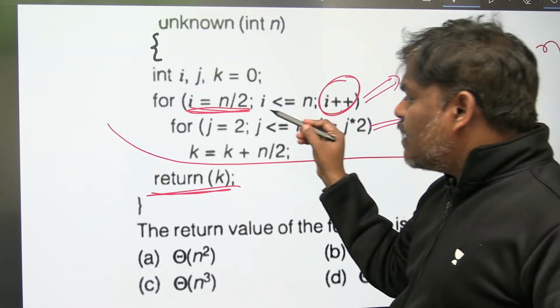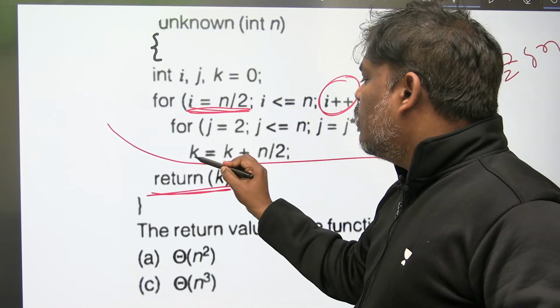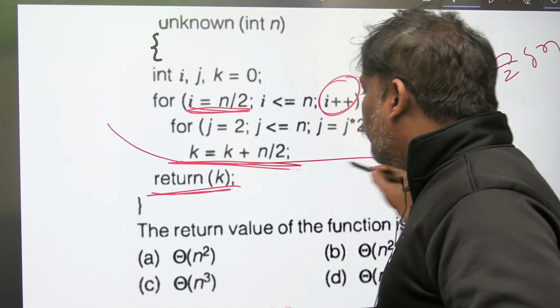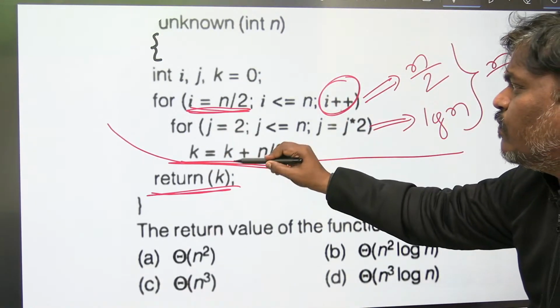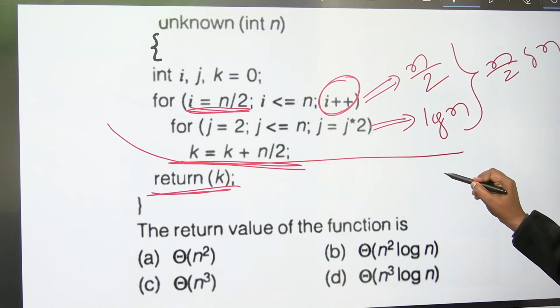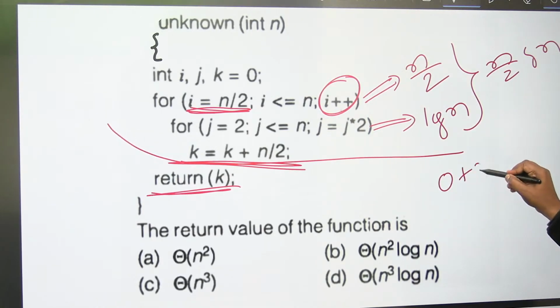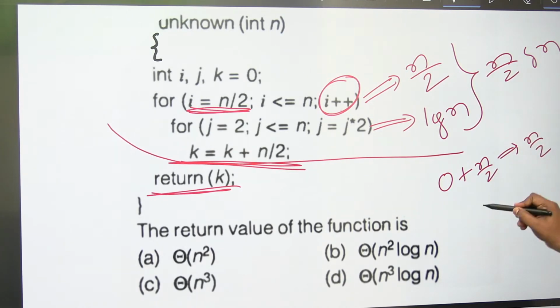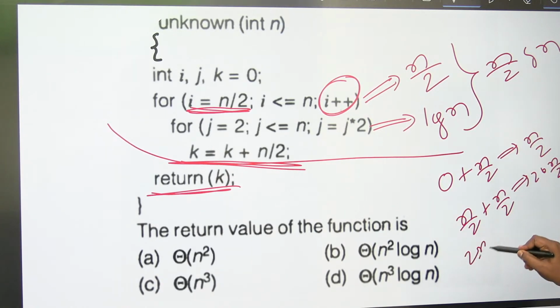Let us assume this is executing the first time. Then what is the answer? If it is executing the first time, k value is 0, so 0 plus n by 2 gives n by 2. The second time, n by 2 plus n by 2 is 2n by 2. The third time, 2n by 2 plus n by 2 is 3n by 2.